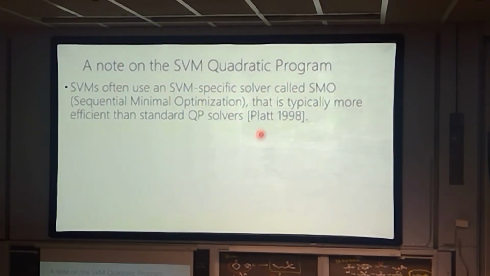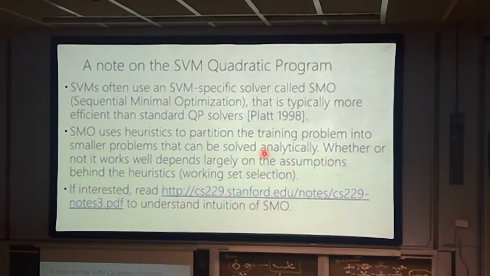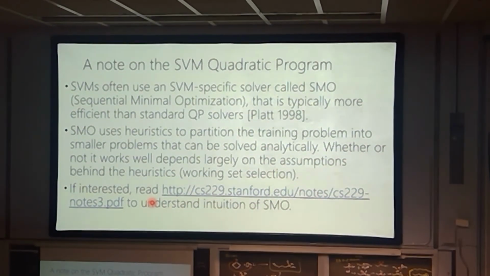There's a famous one by John Platt, who I worked across the hall from for years at Microsoft, called SMO, Sequential Minimal Optimization, and it's typically more efficient than the standard solvers out there. I'm not going to go into the details, but it basically uses some heuristics that are very specific to SVMs in order to make a very SVM-dedicated quadratic solver, if you will. If you're interested, Andrew Ng has some notes that give you a nice idea of what that's about. You're not responsible for it.